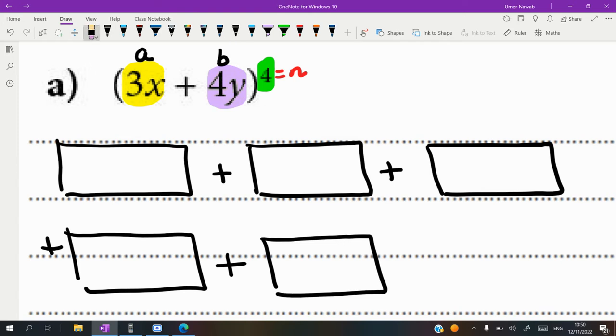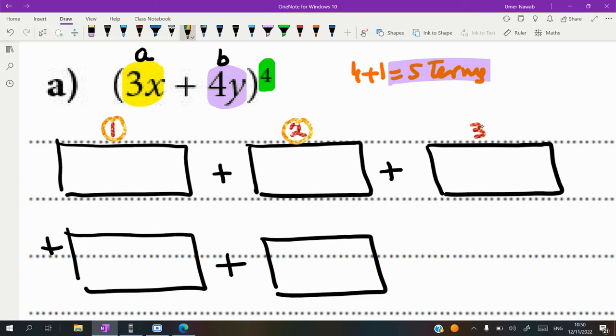Again, I will repeat: what is the power I have? 4. One more, 4 plus 1 is equal to 5. So in the expansion, I will get 5 terms. This is my first term, second term, third term, fourth term, and fifth term.